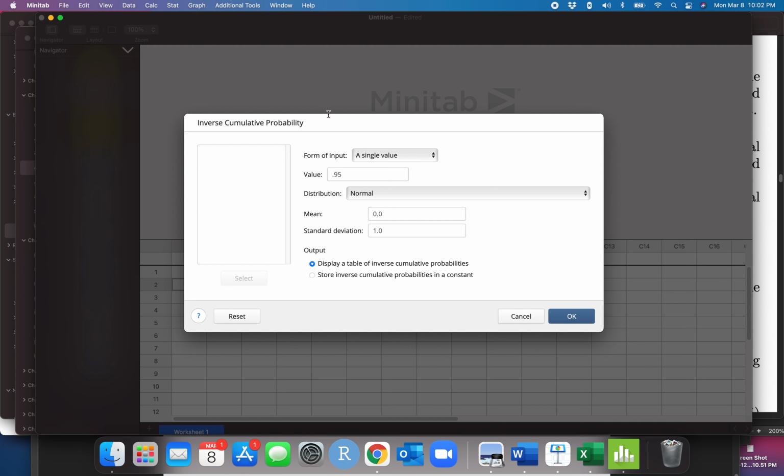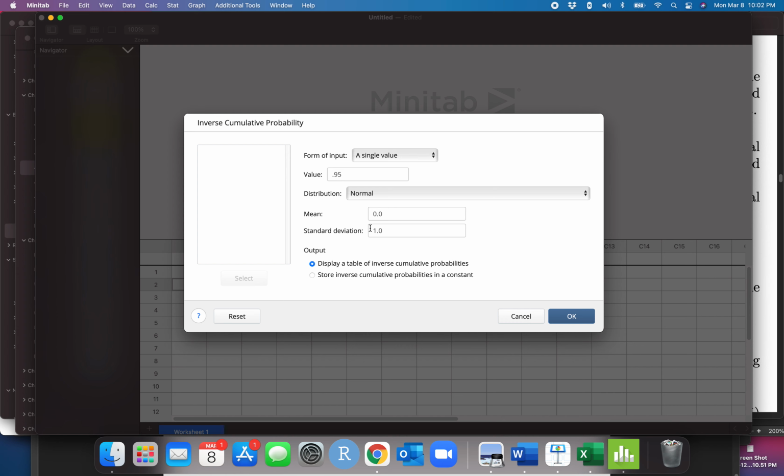It asks you to input the same things that it always asks. If you're on the PC, it's going to look the same as what you're used to. I want a single value. The distribution you want to choose for a PC is normal.